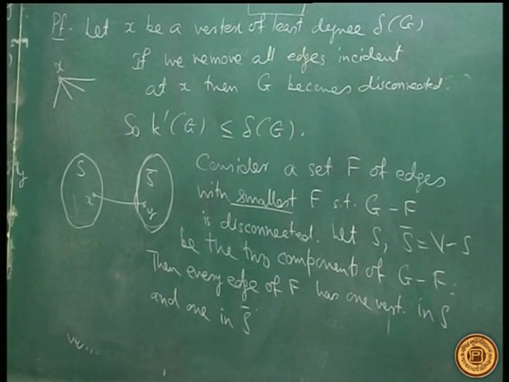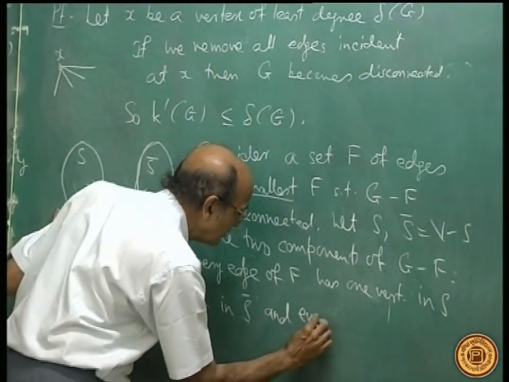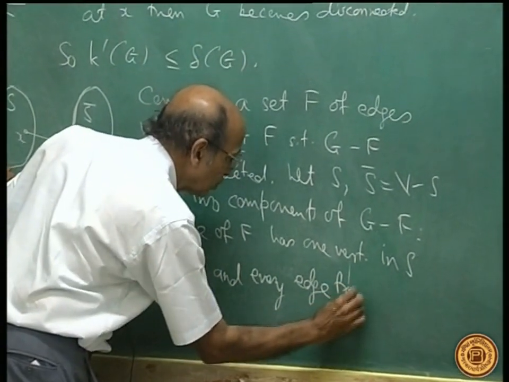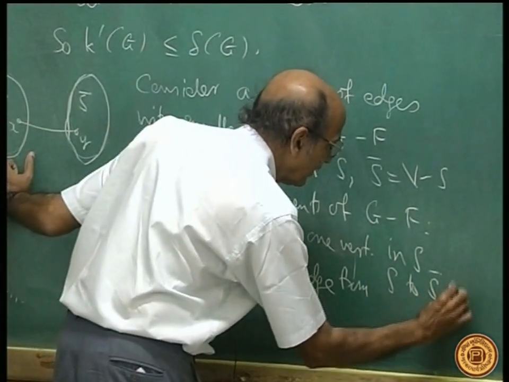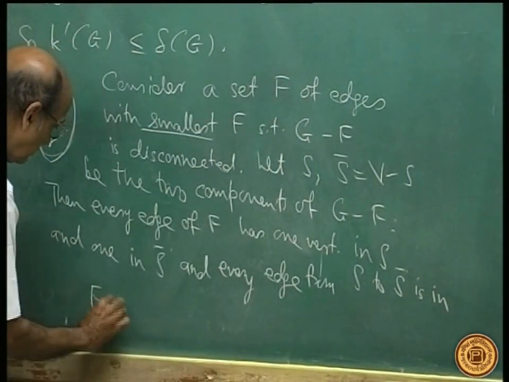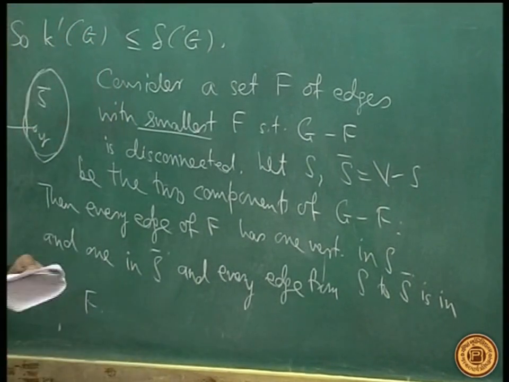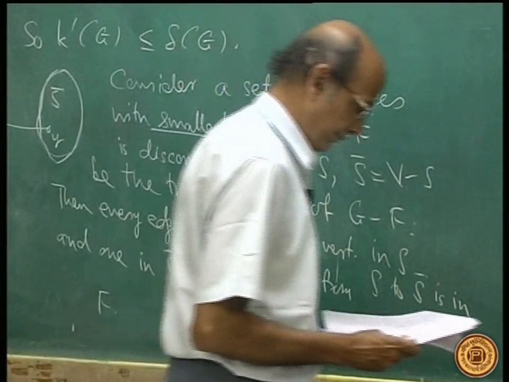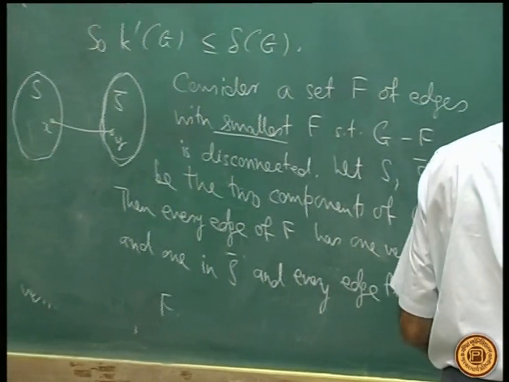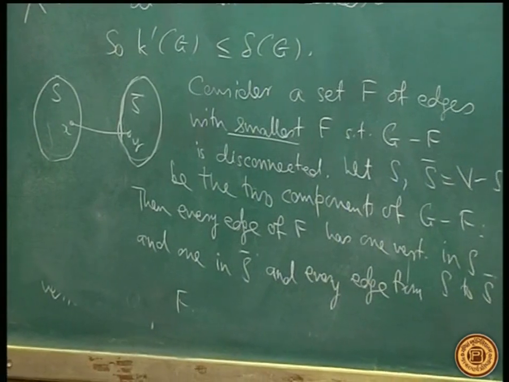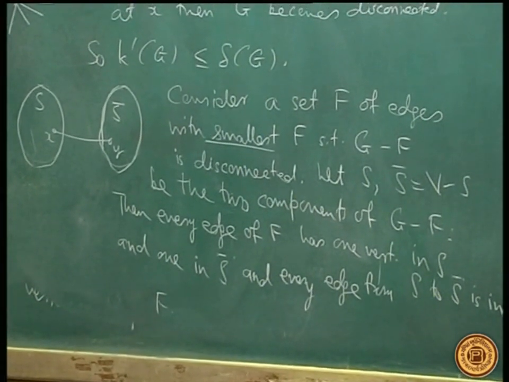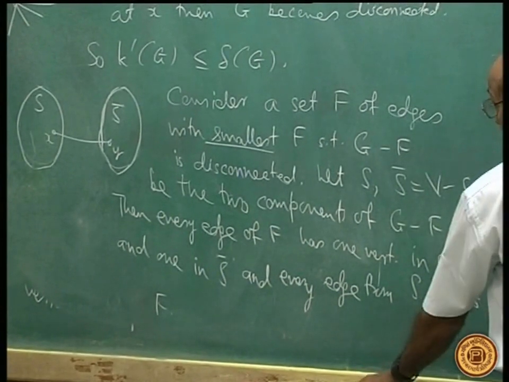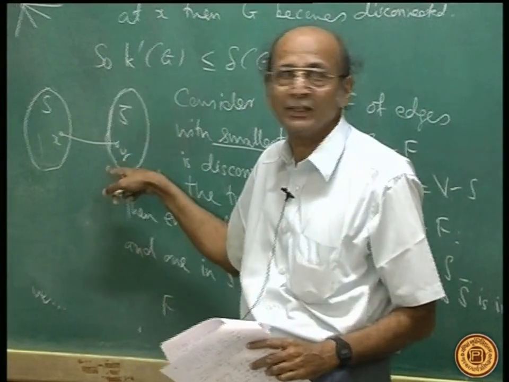Okay, the smallestness. Every edge from S to S bar, E is in F. Yeah, that is also clear because if not, these will not get separated.